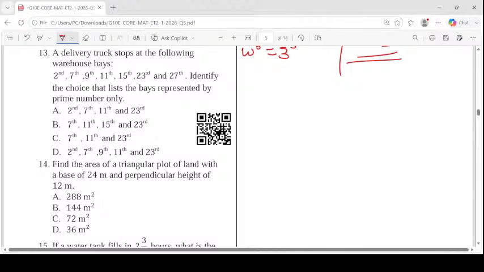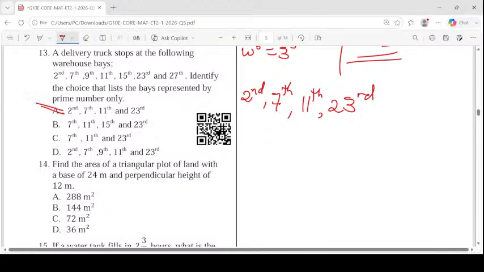A prime number is a number that is divisible by 1 and itself only. So the first prime number is 2. So this will be 2nd. 7th is also a prime number. 11th, 23rd. Yes, those are the only prime numbers.